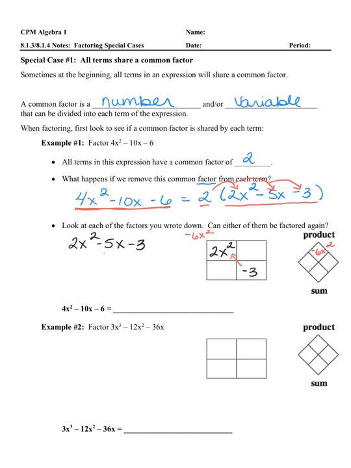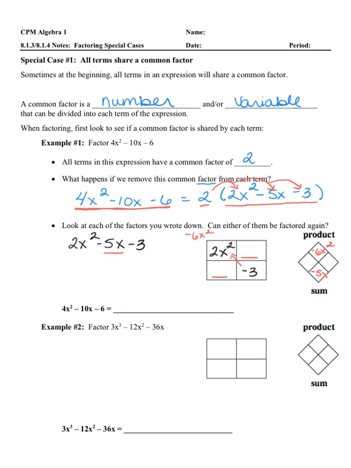I'm also going to take a look at my middle term, which is negative 5x. That's what this spot and this spot in the area model need to add to. And so that becomes our sum in the diamond problem that we are working towards. Now we take a look at the factors of negative 6x squared.